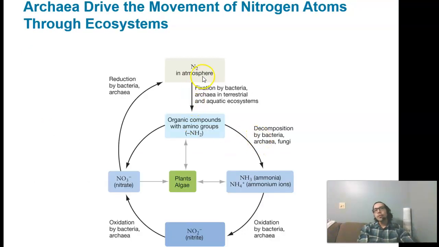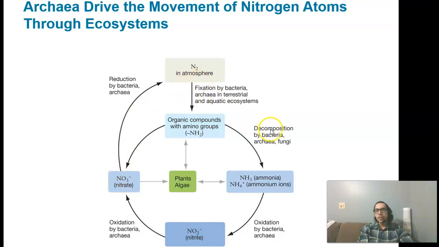Okay. So here's the nitrogen from the atmosphere. That's converted into ammonia by the bacteria. And then as a byproduct of respiration, the ammonia gets turned into nitrites. Then the nitrites are converted into nitrates. And then the nitrates are converted back into nitrogen.